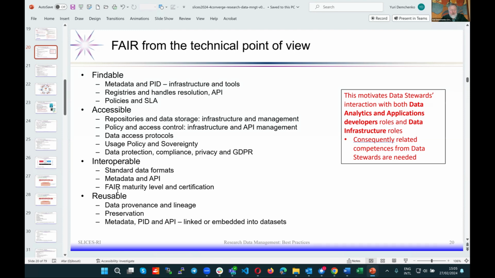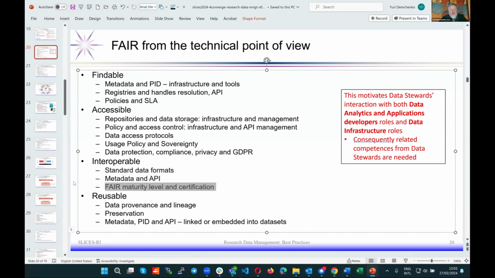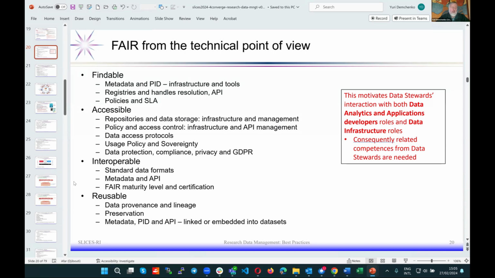For interoperable: standards, metadata, and also an essential issue is the maturity level. Currently, there is already a maturity level assessment. There is a questionnaire you can find. I don't have a link on the slide, but you can find it.